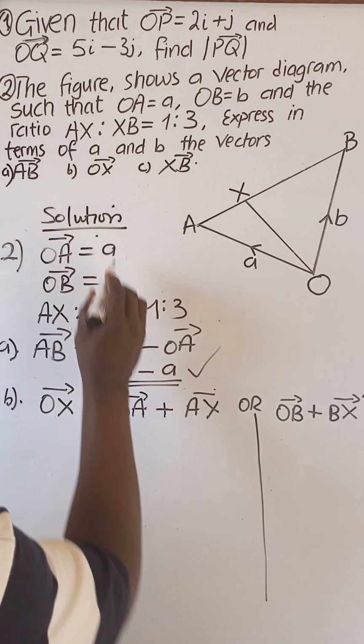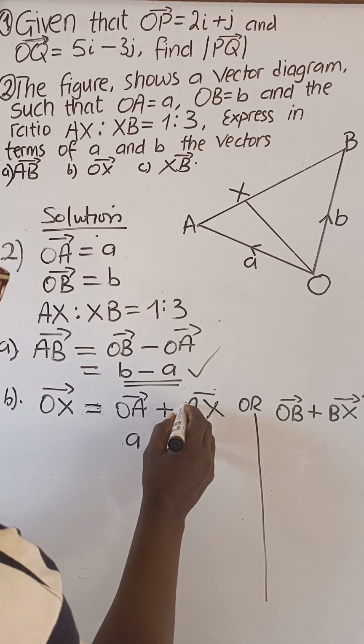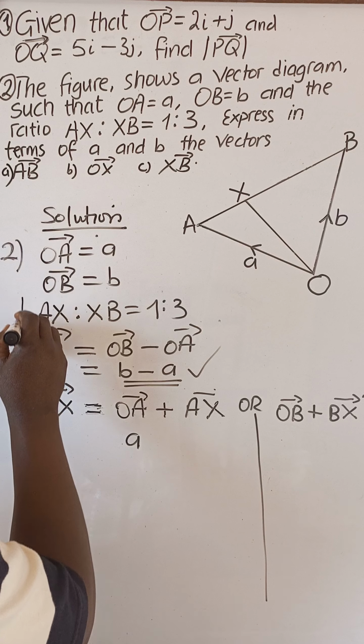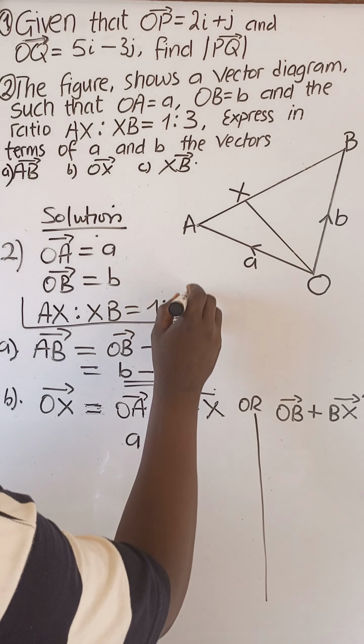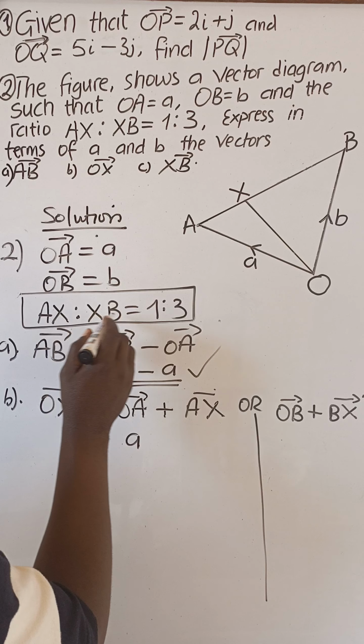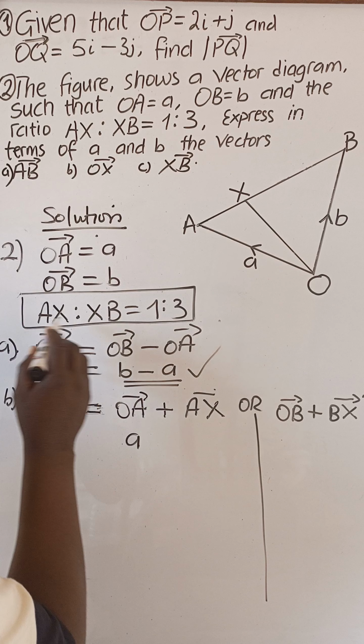OA is already a carrier vector, it is A. Now, AX, from A to X, we will have to make recourse to this information. You see, AX is to XB is 1:3. How do we interpret this?